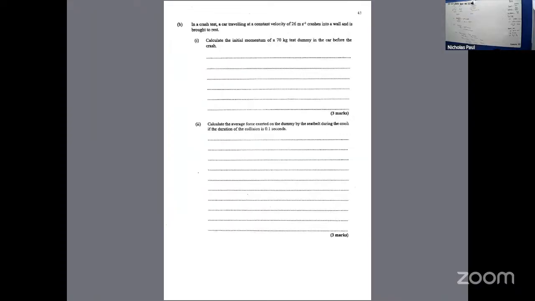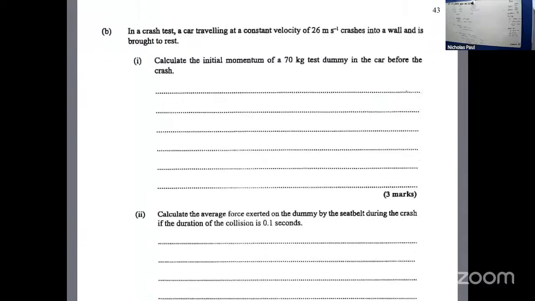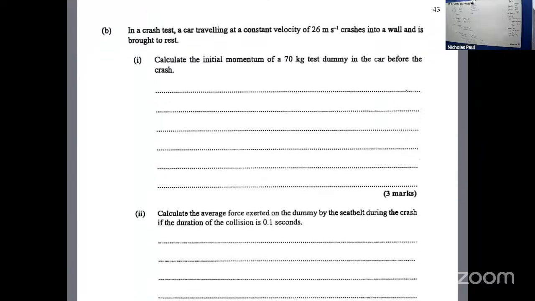Right? This one combines everything that we did. If you can't see, it's on page 43 in the handout, right? If you go back to your topic, the topic is on page 43.